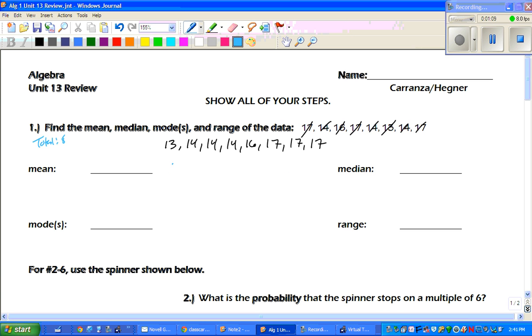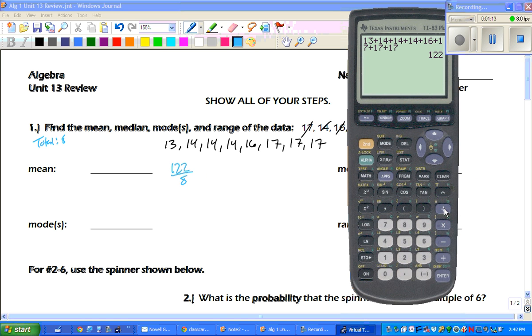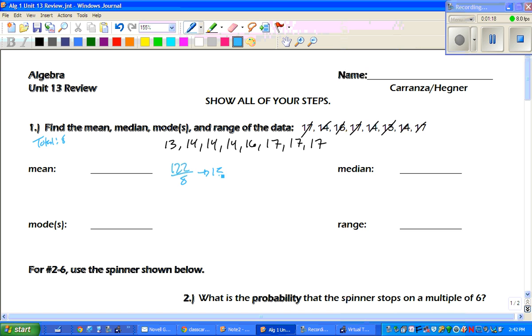Okay, and we get 122 over 8. We want to divide that by 8, and we get 15.25. And when we're working with average, we want to round that, so we get a total of 15.3.